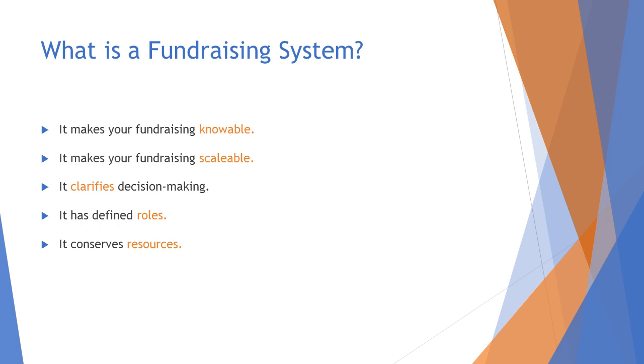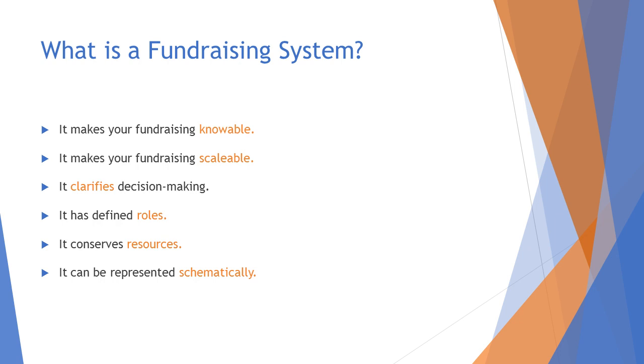Most nonprofits that implement good systems can dramatically increase fundraising without needing to hire new staff or invest in new technology. And then finally, good fundraising systems can be represented schematically. They can be represented by a chart or a diagram that makes action items and decision points clear and easy to understand.